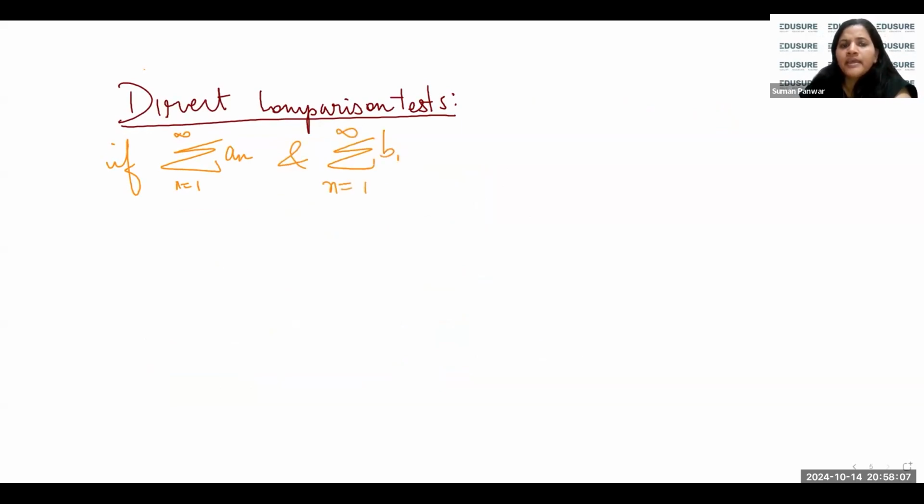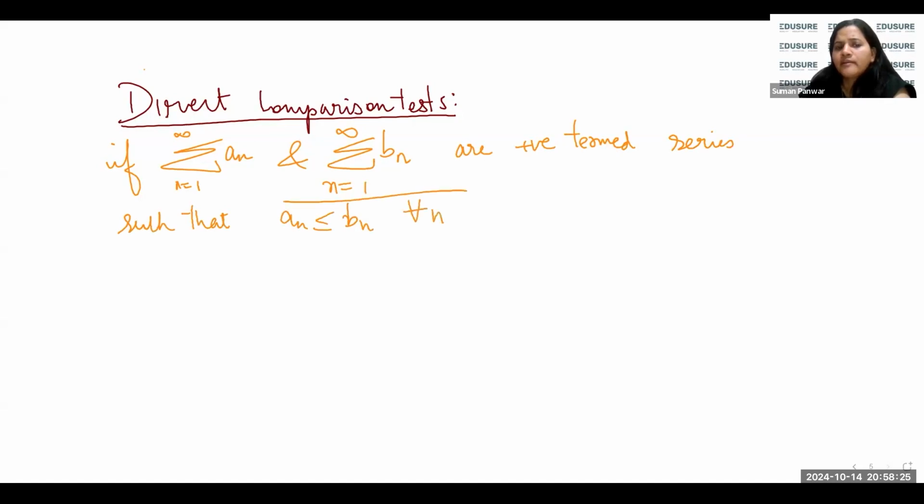So if sigma a_n and sigma b_n are two positive termed series, okay, such that a_n is less than or equal to b_n for all n, okay.